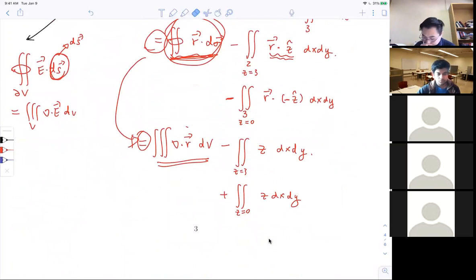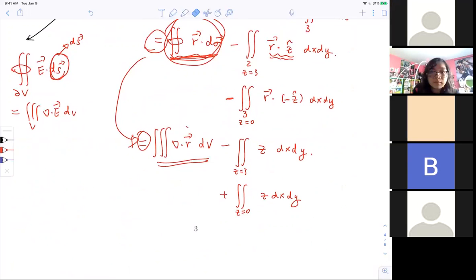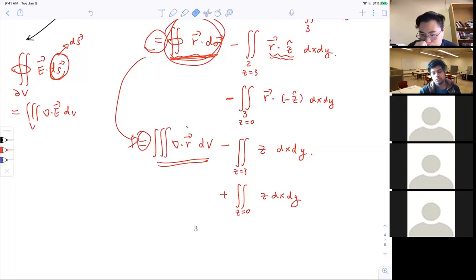Actually, I have a question from the homework. One of the homework questions was finding the divergence of the curl of A, and you showed that it becomes 0. I just wonder why the divergence of the curl of A becomes 0 in general. Divergence of curl is 0.